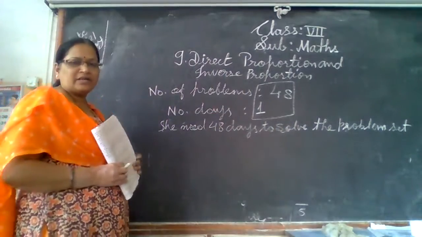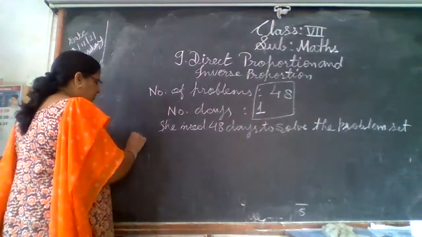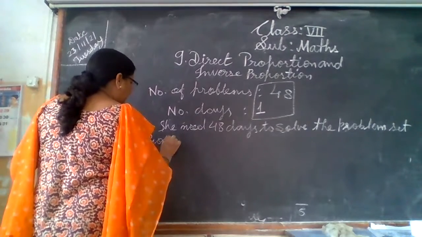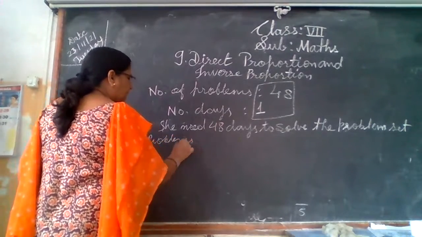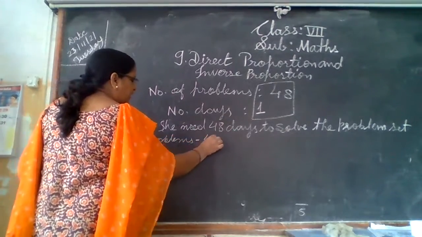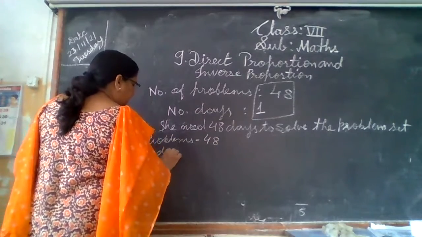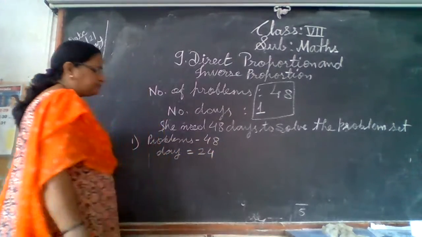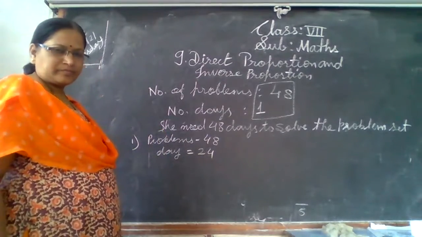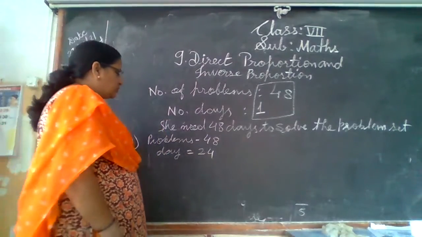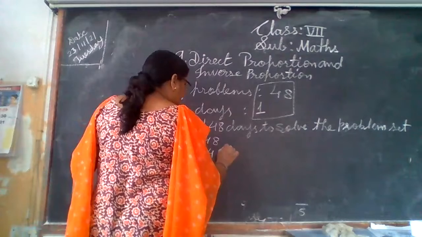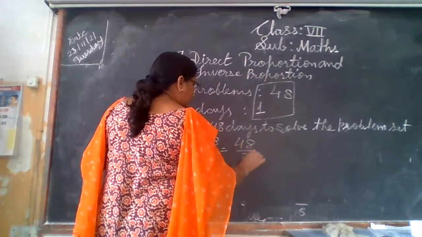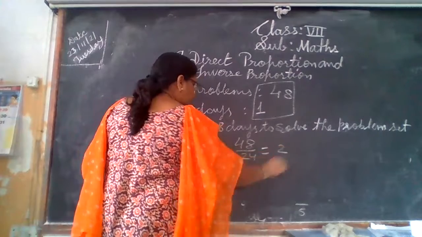If she takes 24 days, the number of problems per day equals 48 divided by 24, which equals 2.